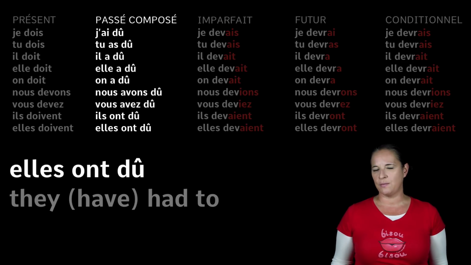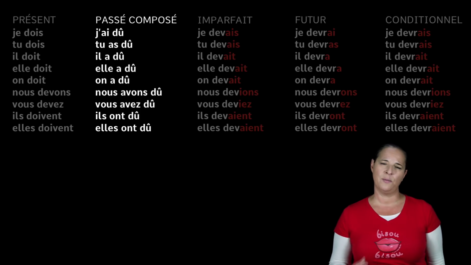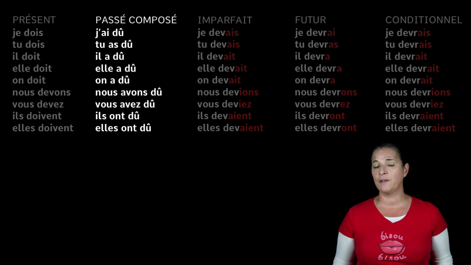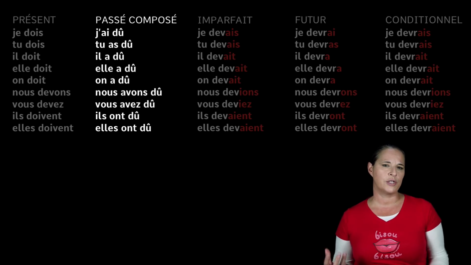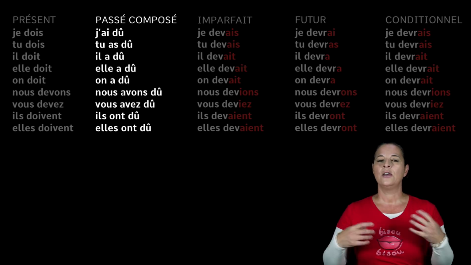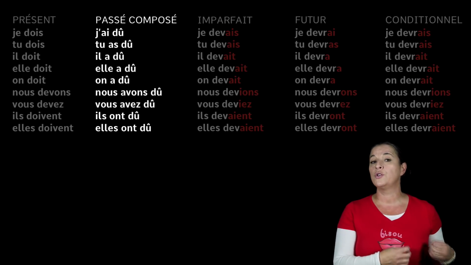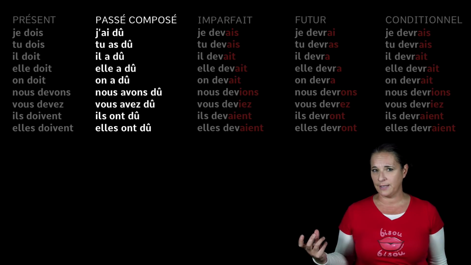Elles ont dû. Now, the only way that you can conjugate this verb in the passé composé, in the past tense, is by knowing the auxiliary verb to have in the present tense, and sometimes to be depending on which verb you're conjugating. Okay, in this case it is devoir. It has to come with the auxiliary verb to have, and this funny past participle dû, okay?